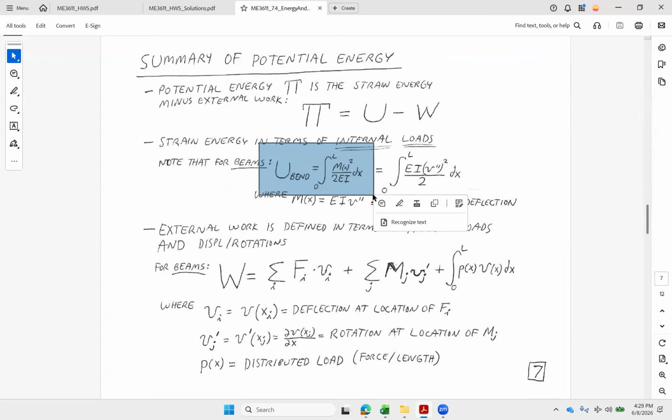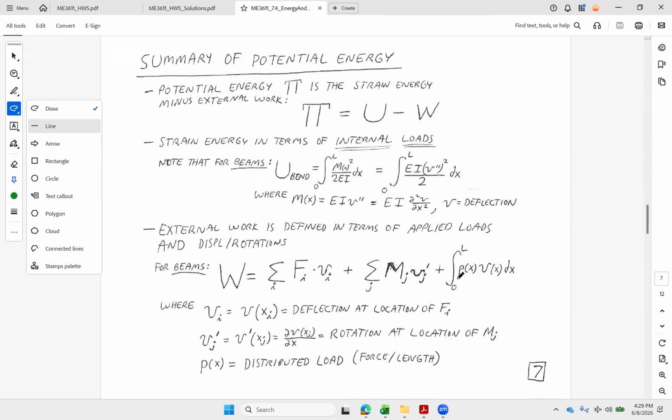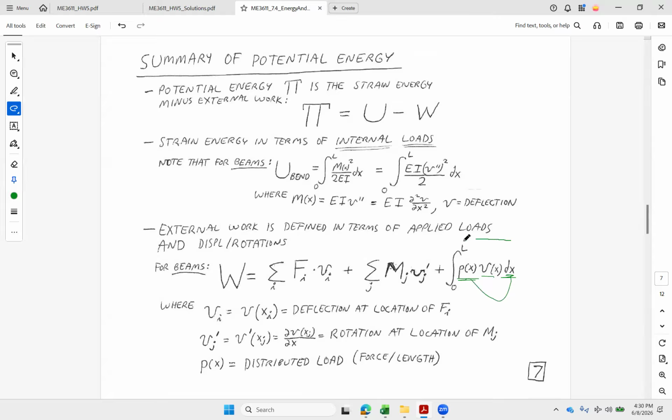Distributed force times dx, so a little force per length times a little slice of length. Those two together give me my differential force, and then force times the displacement gets me a work. So we're just going to be exercising this term in our specific case right here.